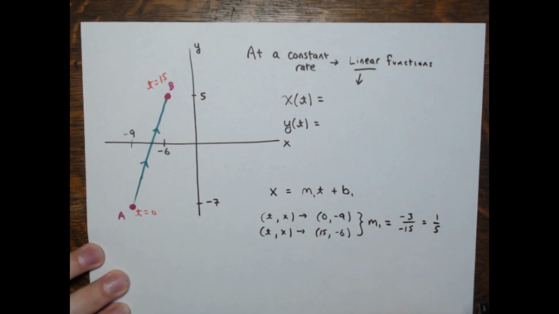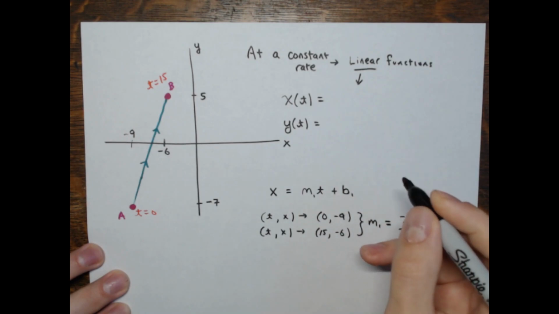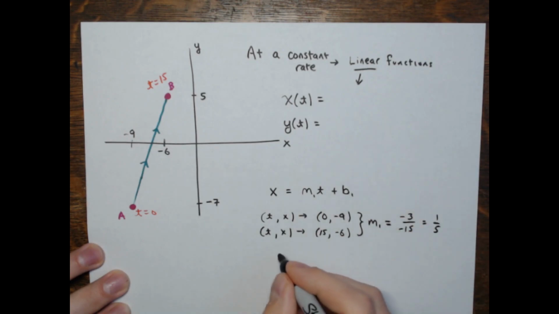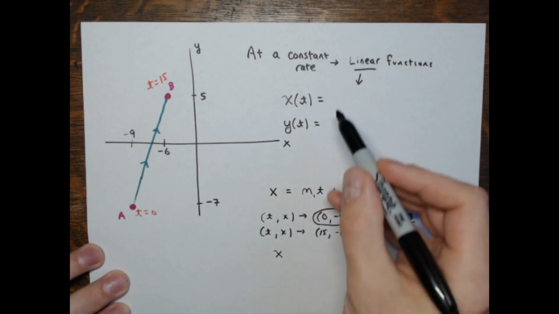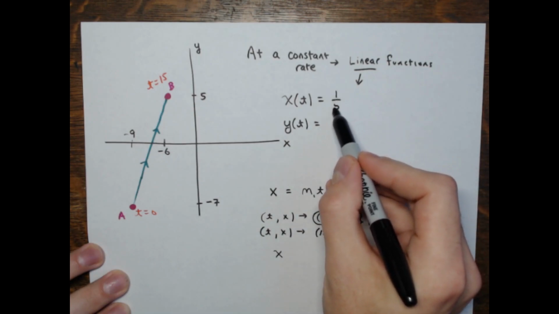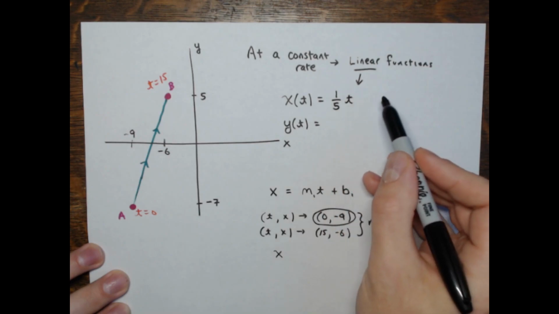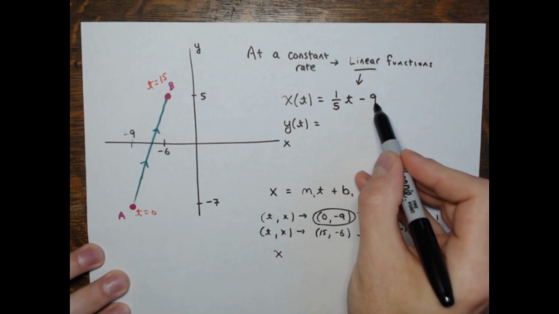So +1/5, right? And then the intercept here when t is 0 is -9. So we have x of t is 1/5 t, and then -9.